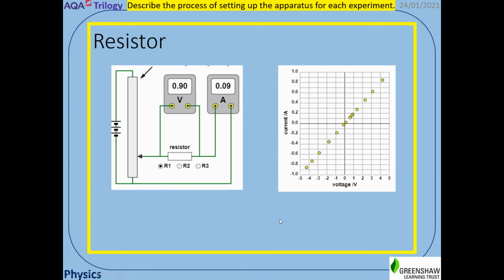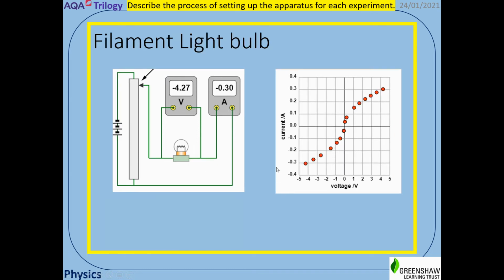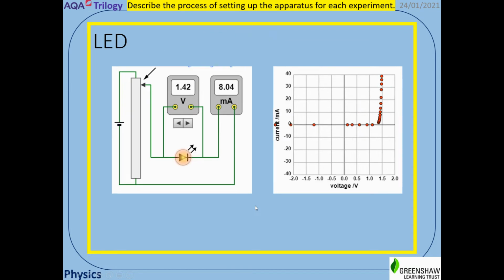Okay, so here in the PowerPoint again, if you've missed anything, you'll have a chance to pause and look back. So we've got our straight line graph for a resistor. We've got our S-shaped graph for a filament light bulb. And we've got our very flat until we get to 1.3 and then exponentially quickly increasing graph for our LED.